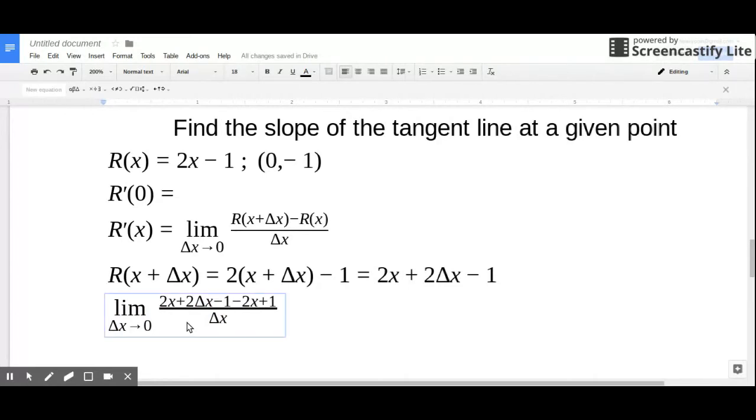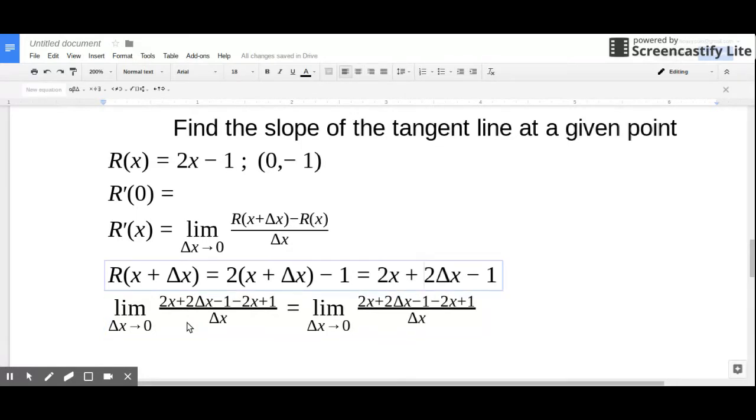And as you can see here now, I guess probably what I should do is just go ahead and bring this over. So we have a 2x and then minus 2x, so those are going to go away. And of course we have a -1 and a +1, those are going to go away.